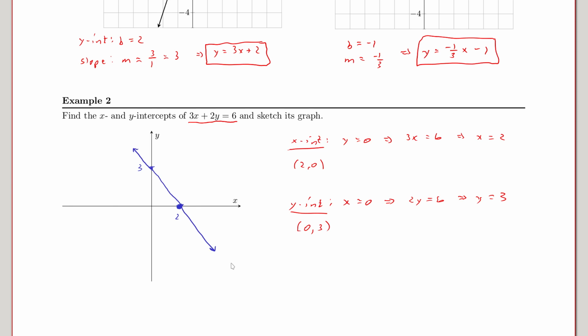Now it goes through. So there's the equation of the line. You can see that your slope would be negative 3 over 2. And if we had written this in slope-intercept form, we would have subtracted the 3, divided the 2 there. And then also we divide the 2 into the 6, so we would get a 3 there.